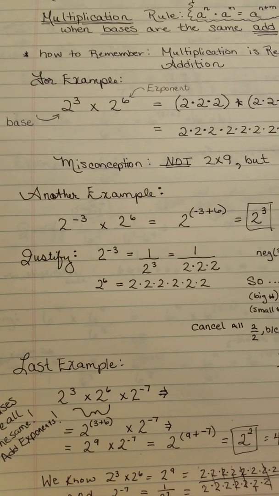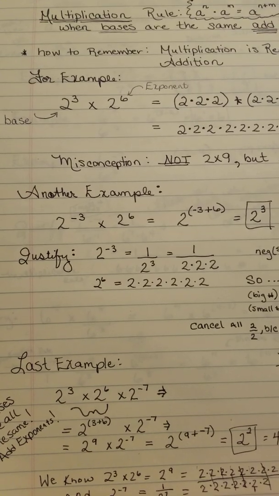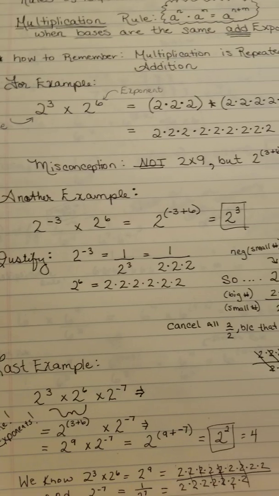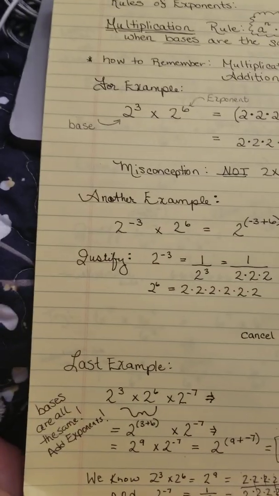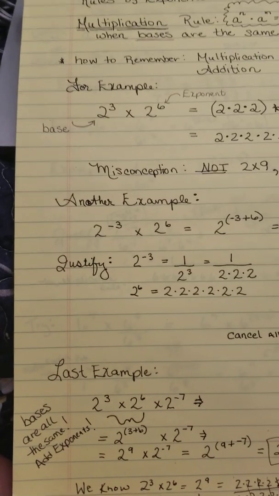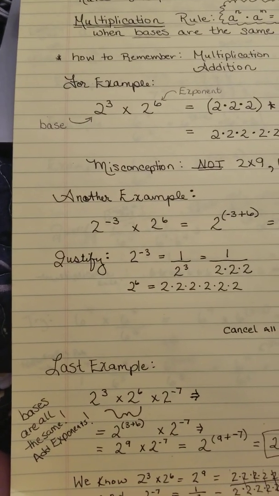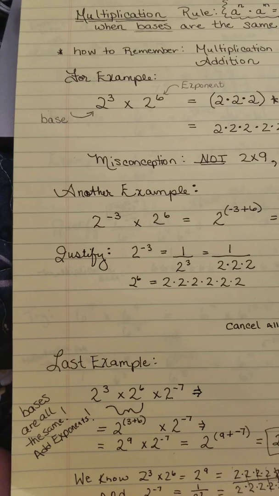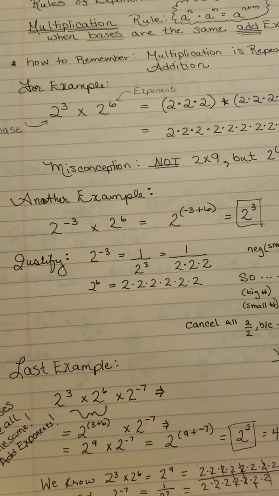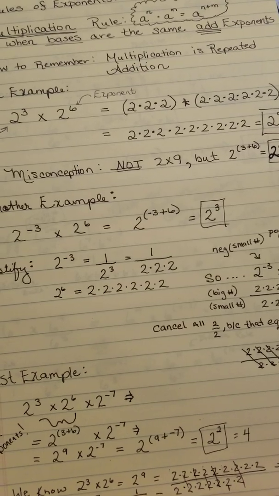You can also reverse those as 6 minus 3. So negative 3 plus 6 is 3. 2 to the negative third times 2 to the 6 is multiplication, and when bases are the same, you add the exponents. When you add the exponents, you get 2 to the third.